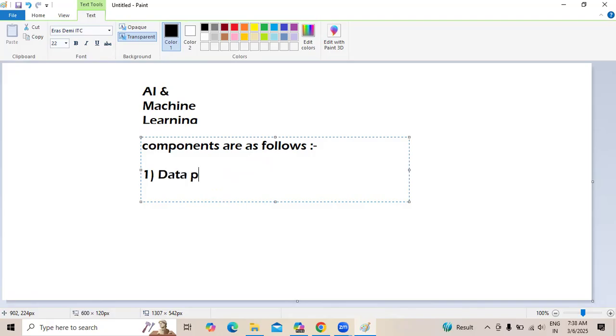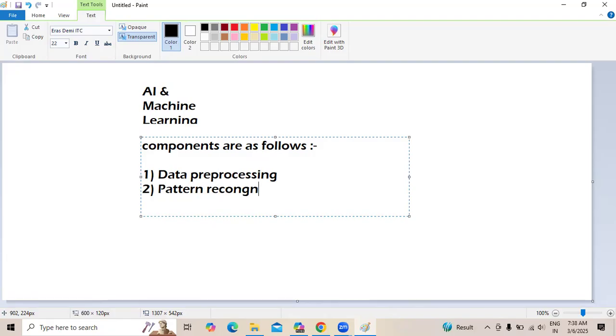The first one is data pre-processing. Second, pattern recognition models.